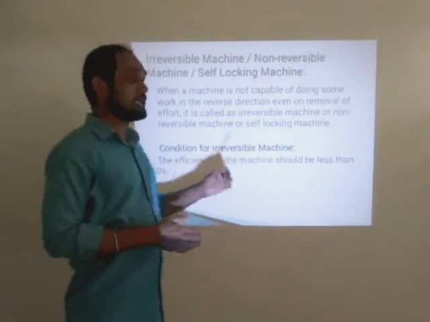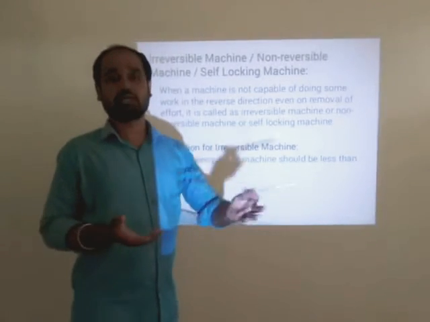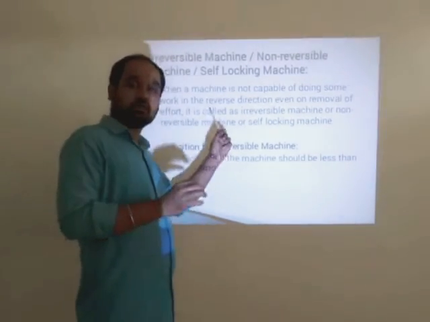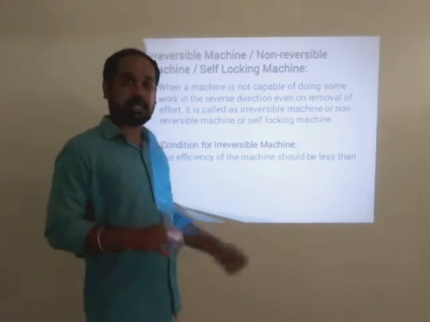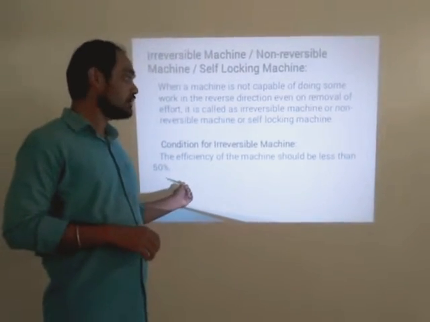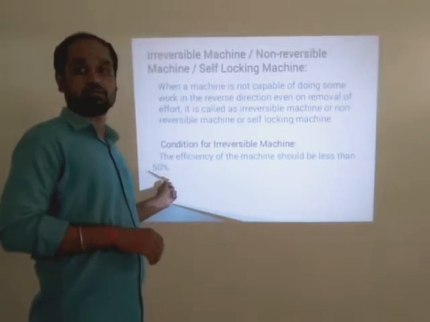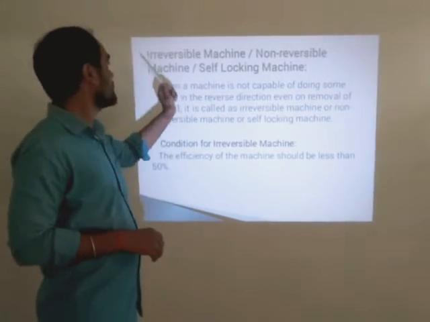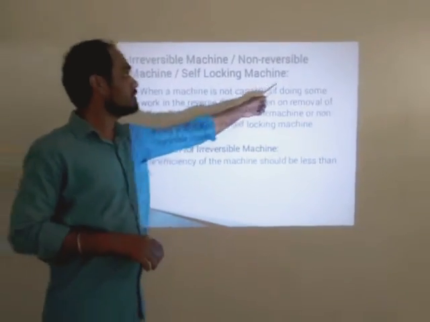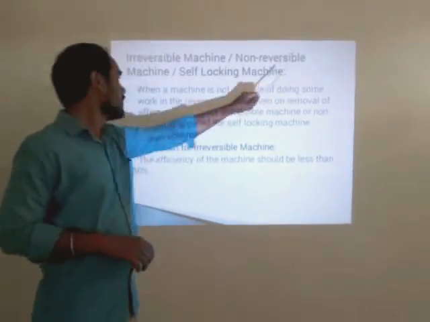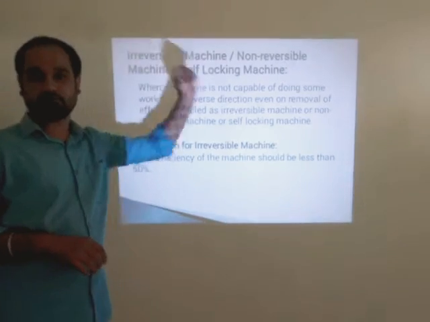An example of such a machine is the simple screw jack, and its efficiency is less than 50%. Then the machine is called an irreversible machine, which is not capable of doing work in the reverse direction.